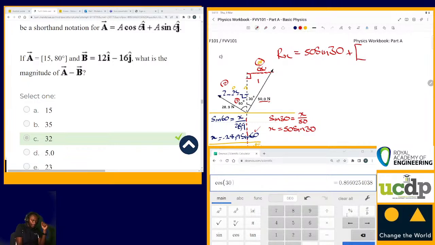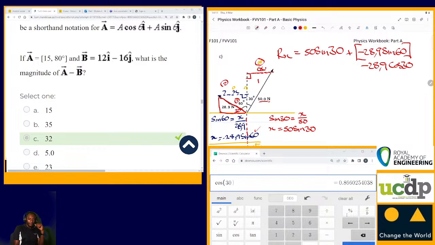It's in the negative side of the x-axis, so it's negative 28.9 sine 60, right? But if you have used this triangle, then this will be 30, and then your x, you are going to put negative 28.9 cos 30.